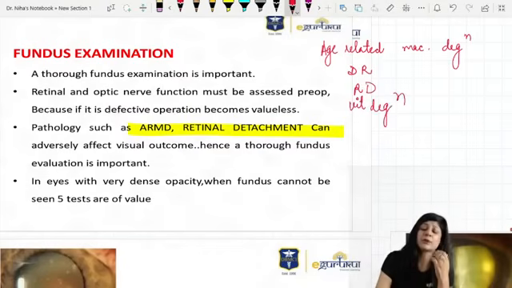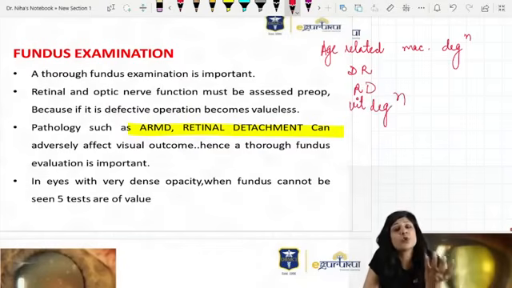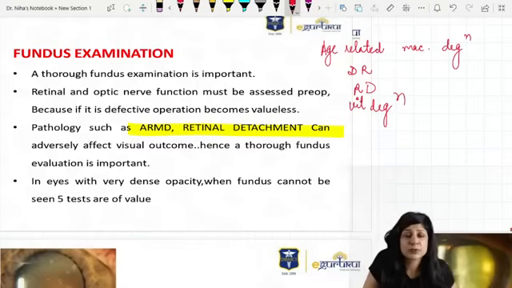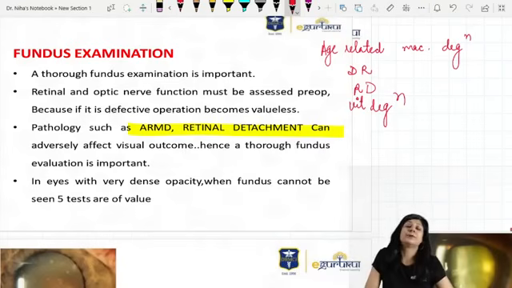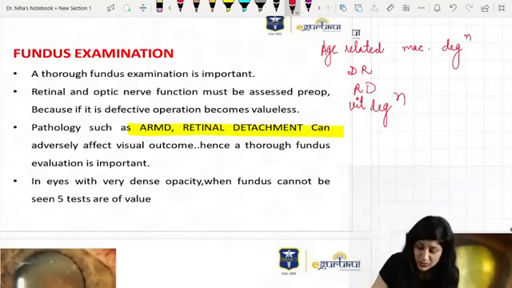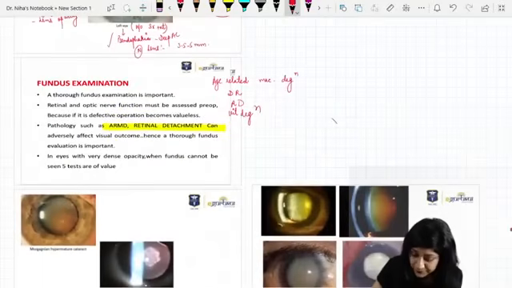Maybe some retinal hole or retinal degenerations will affect the final visual prognosis in the patient, and that is why it is of utmost importance. Without doing the fundus examination, we will never do the cataract surgery. So that is very, very important.